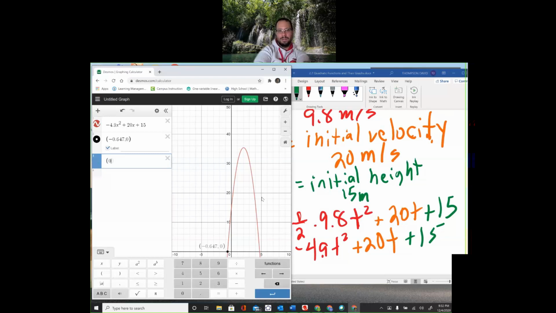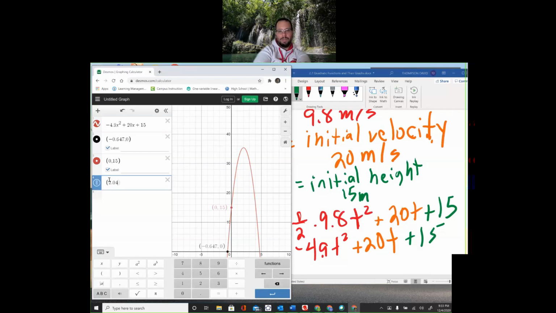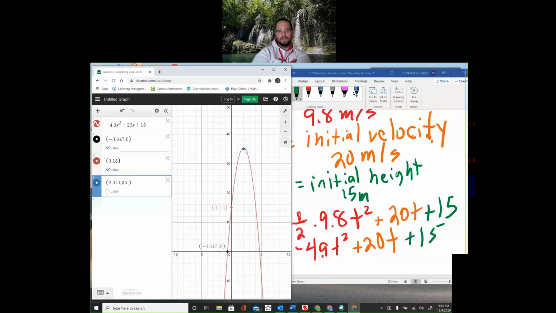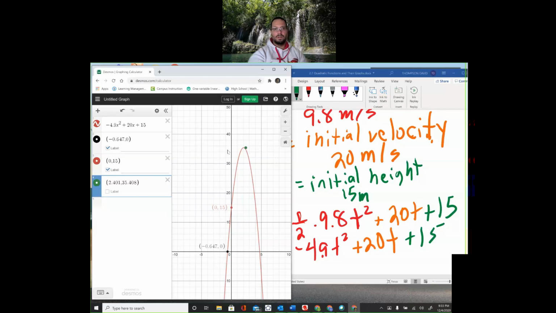We have a maximum value at, looks like, 2.041, comma 35.408.